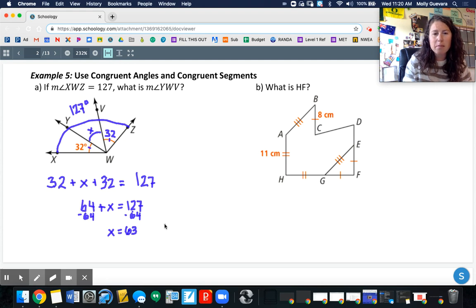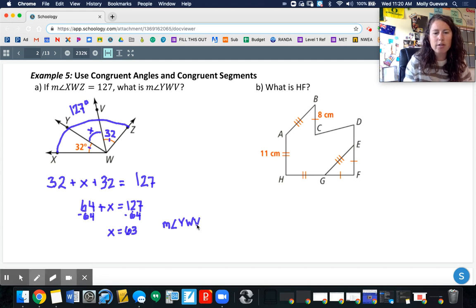But it's not asking me for x necessarily. It wants me to write down what is the measure of angle Y, W, V. And we know now that that is 63.